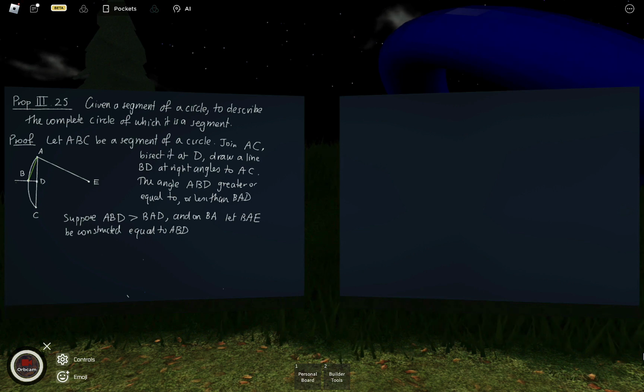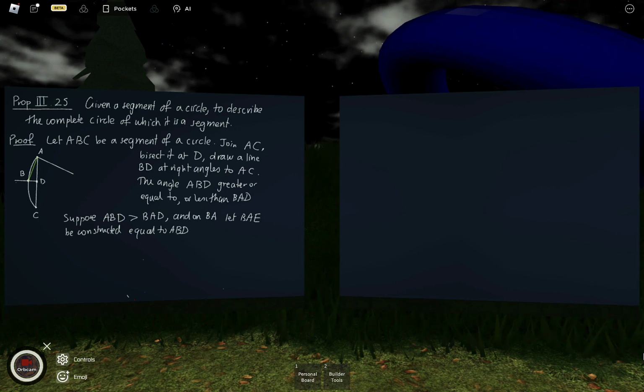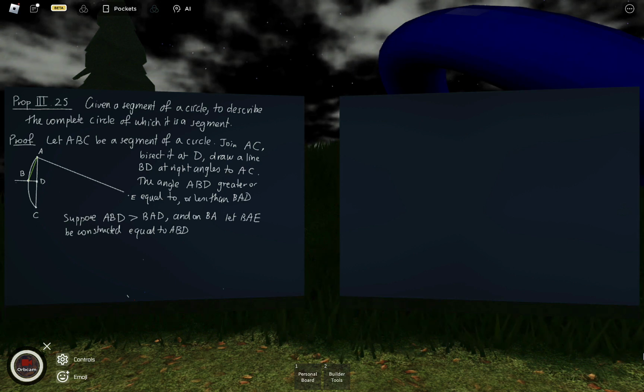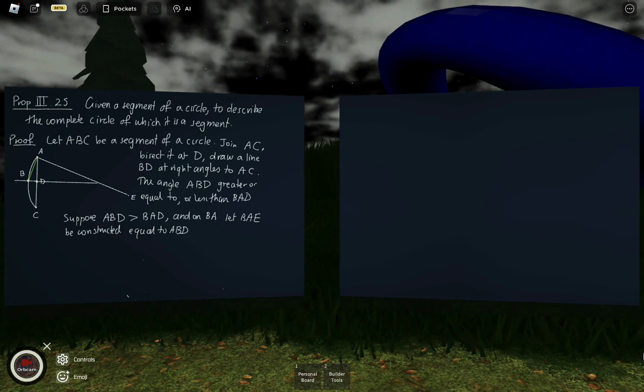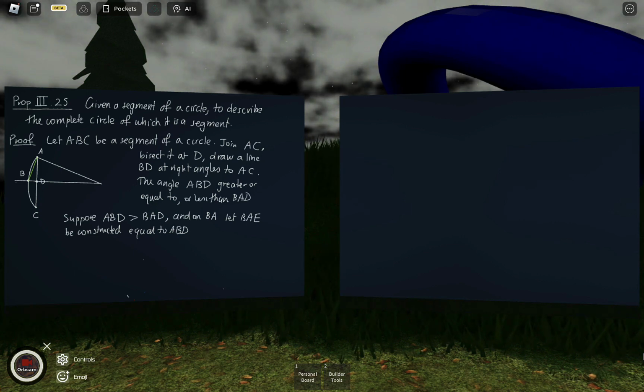Okay, well that's a little bit of a strange way to say it, but I can construct a line such that BA along that line has the given angle. So just let that line go out to E. I'll put E over here. I'm just going to change my mind about E in a moment. Okay, then I can extend the line DB out and rename E to be the point where they meet.